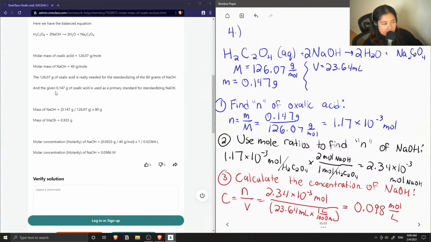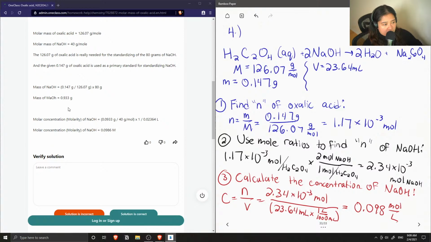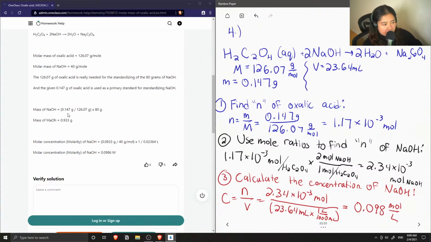And the given 0.147 grams of oxalic acid is used as a primary standard for standardizing sodium hydroxide. So they did a ratio where 0.147 divided by 126.07. So this is number of moles, or the mass of oxalic acid divided by its molar mass.